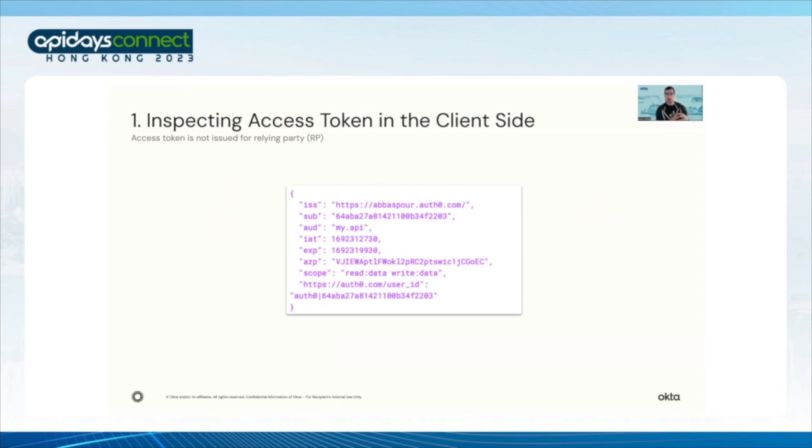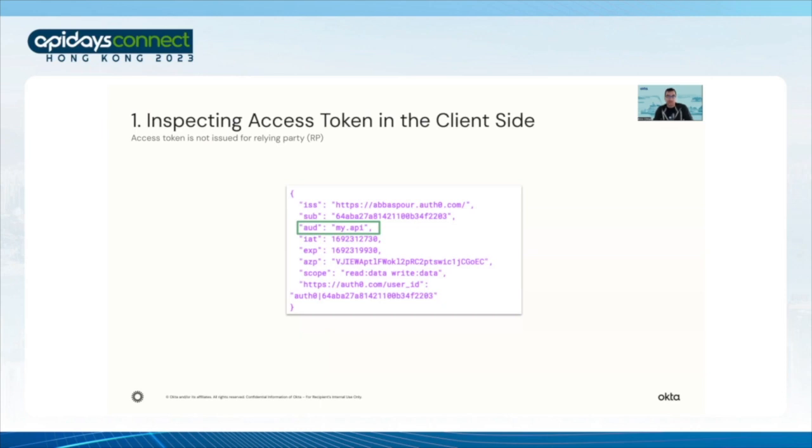A client or relying party that receives the access token shouldn't be inspecting its contents to make any decisions. Whatever you need is normally packed in the ID token, which is issued for your relying party if you're implementing OpenID Connect. If your access tokens are JWT and inspectable on the client side, try to avoid that.